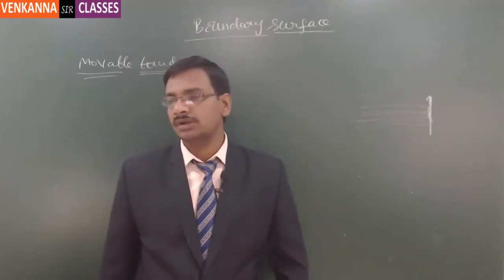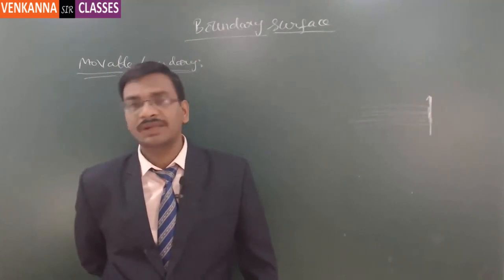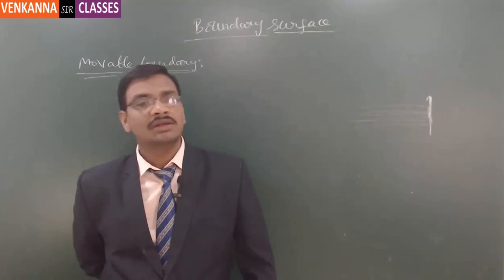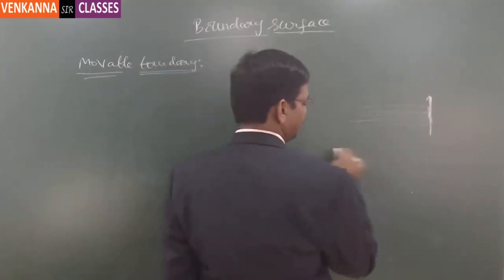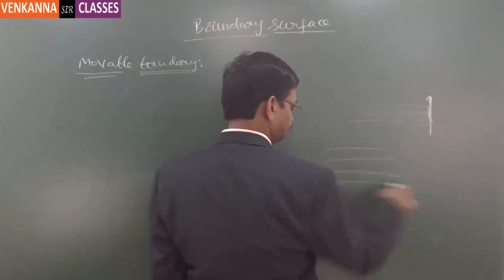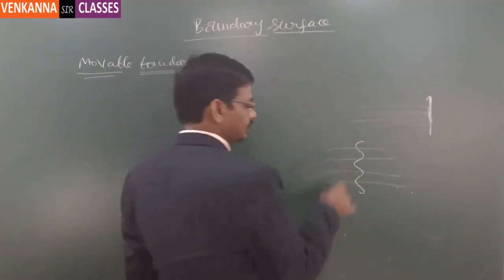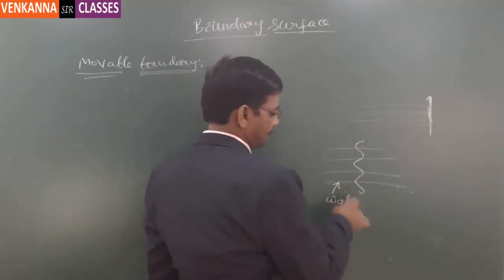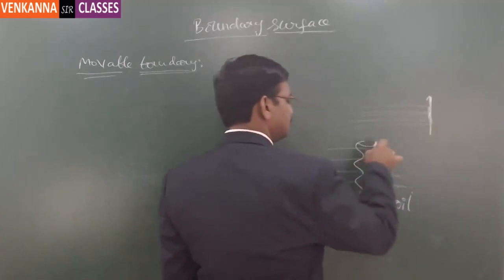Suppose there is oil and there is water, both mixed together. So these two will be in contact with each other. But if the fluid is moving, then this boundary surface which is dividing these two, let us say this is the boundary, and let us say this is water and this is oil, and this is the boundary surface.